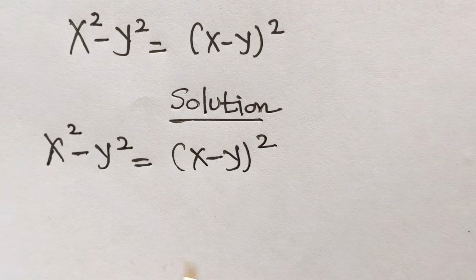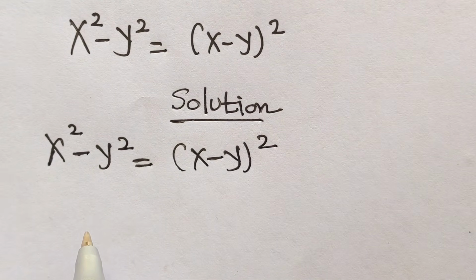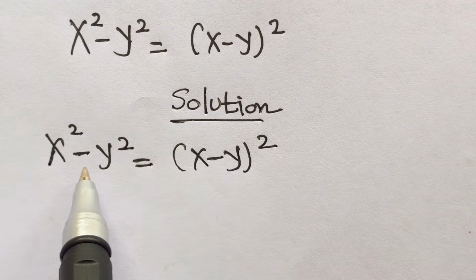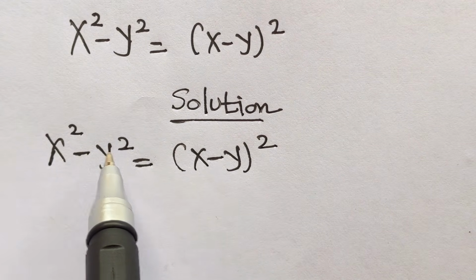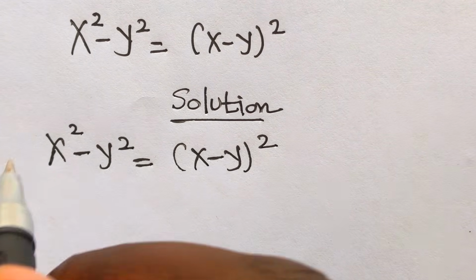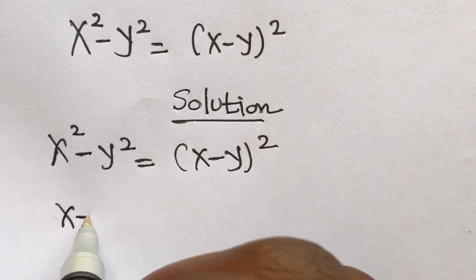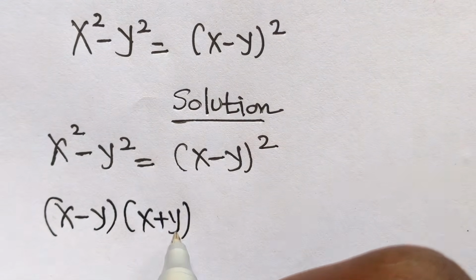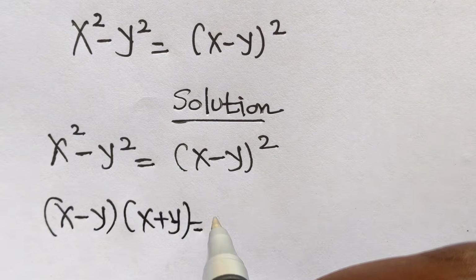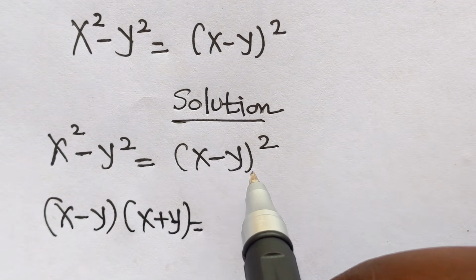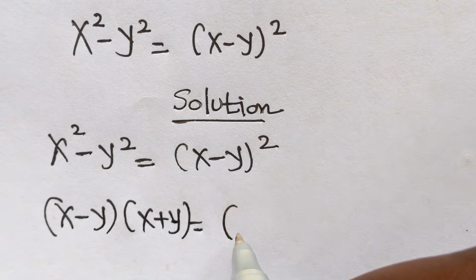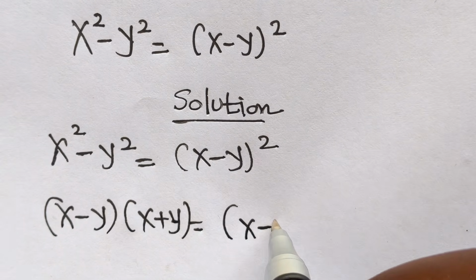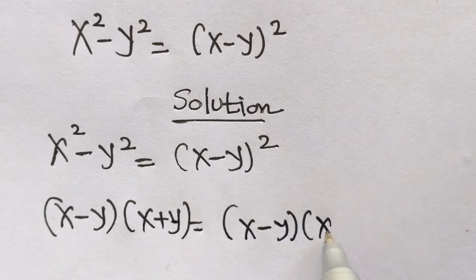Right. The first one, we're going to use the first method where we can try to separate this difference of two squares, x squared minus y squared, where we shall say (x minus y) times (x plus y) is equal to, and we separate this equation we have right here, (x minus y) times (x minus y).